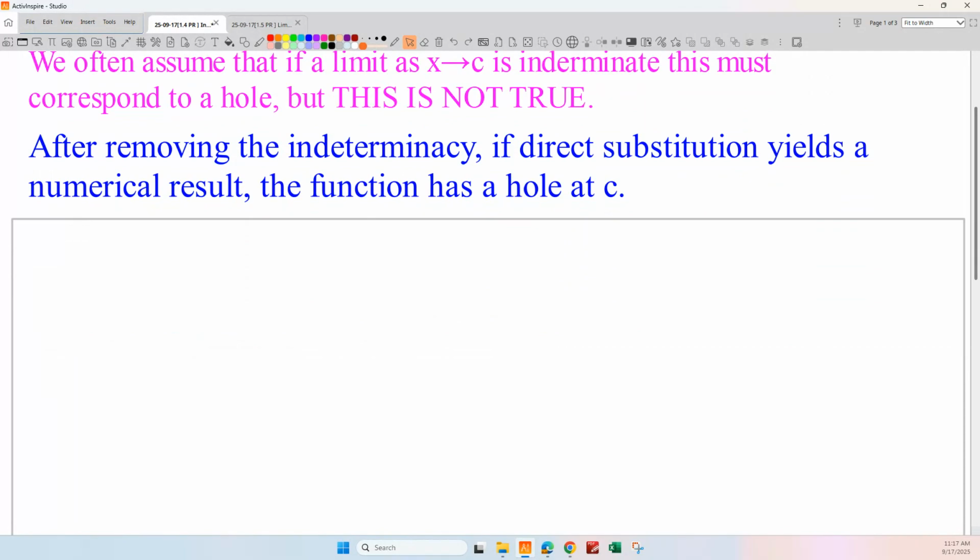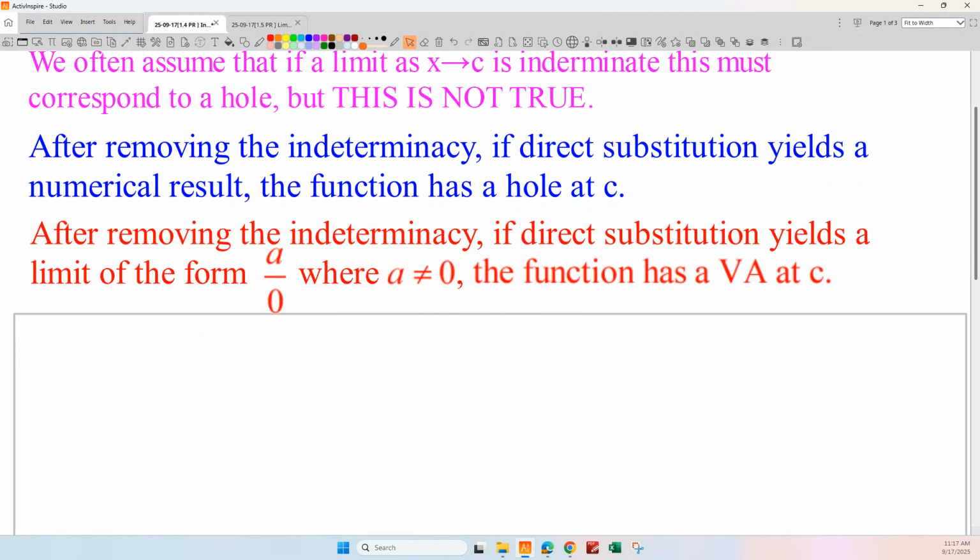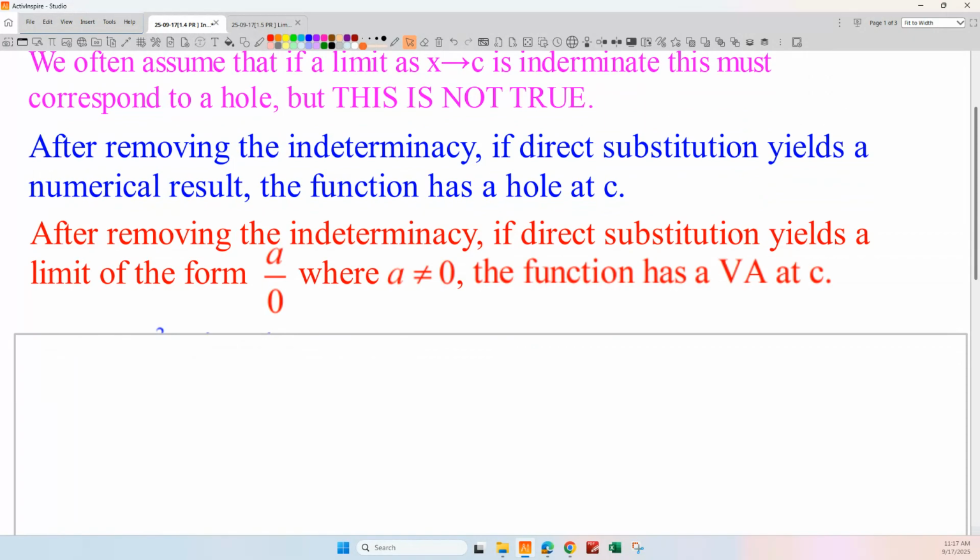Well, he's going to step on the location of that hole, which in our new function where we fill in the hole, we just evaluate, right? Okay, that was our trick. But after removing the indeterminacy, if direct substitution gives us an answer of the form a divided by 0, where a is non-zero, then that's a vertical asymptote. Could be either one. Okay?